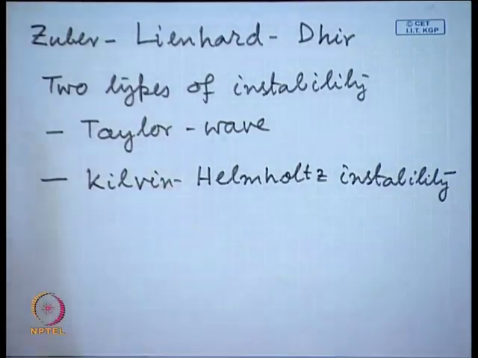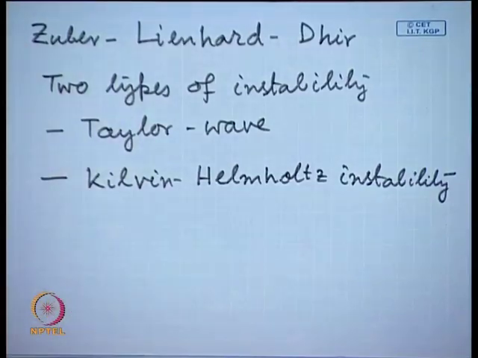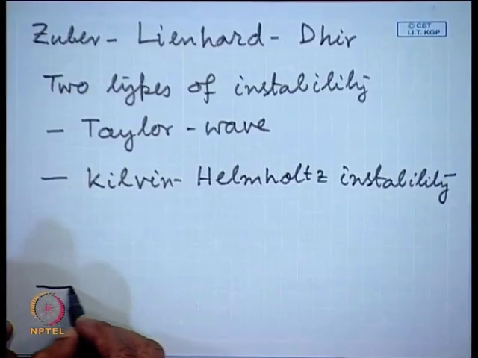Now, what is Taylor instability, or Taylor, sometimes it is also called Rayleigh-Taylor type of instability? It is like this, that there are two fluids. From the stability criteria, always the heavier fluid tries to be at the bottom and the lighter fluid tries to be at the top. But in case of a boiling process, what is happening?